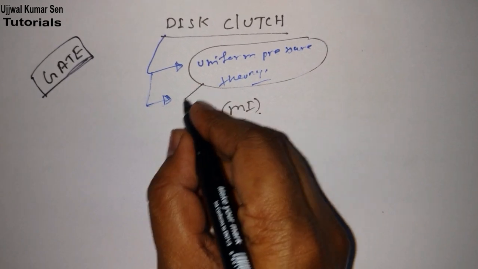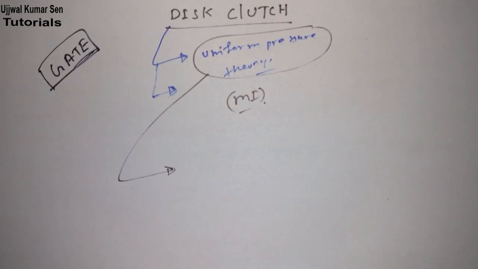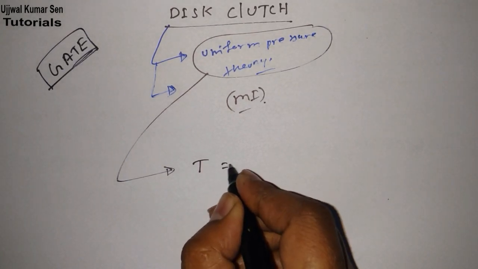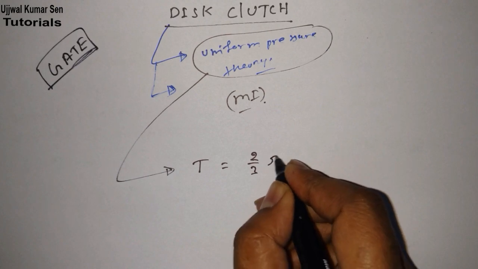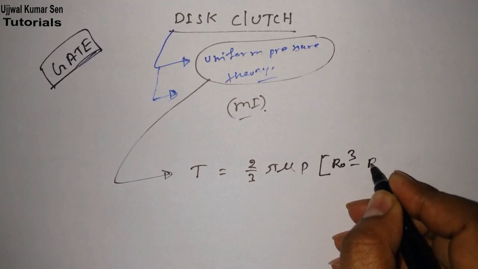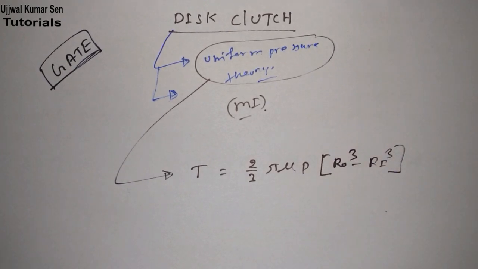In the case of uniform pressure theory, we have a formula for finding the torque: T is equal to 2 by 3 pi mu p (r naught cube minus ri cube). That is one formula.